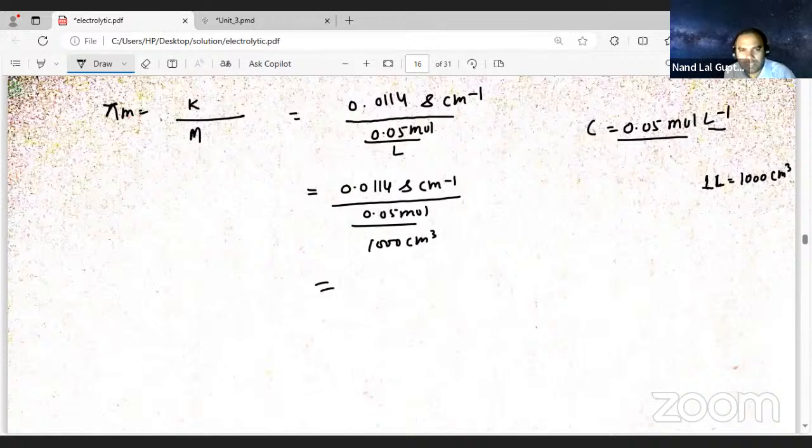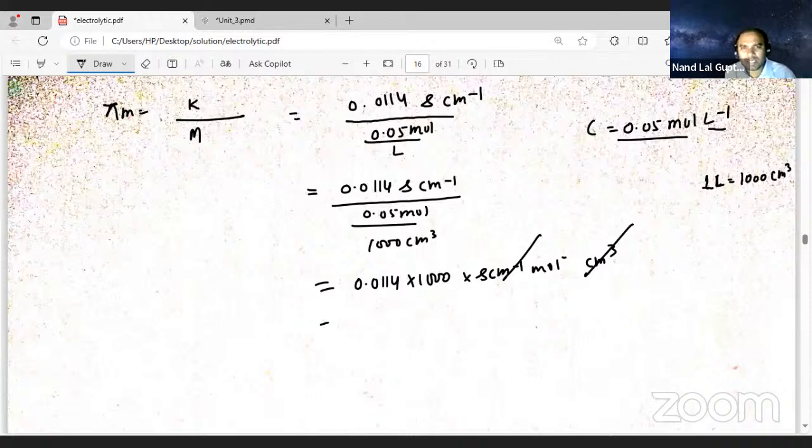So this 1000 will go in the numerator: 0.0114 times 1000, Siemens centimeter inverse mole inverse centimeter cube. This cube and this one will cancel out. So how much will come? I think 11.4 Siemens centimeter square mole inverse. Okay, this is the lambda m value.